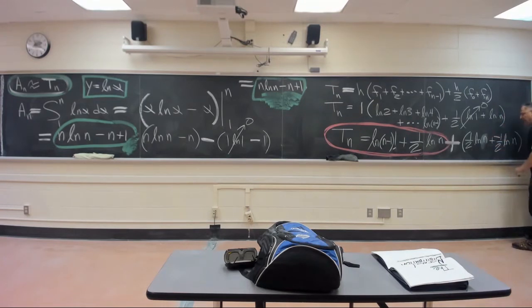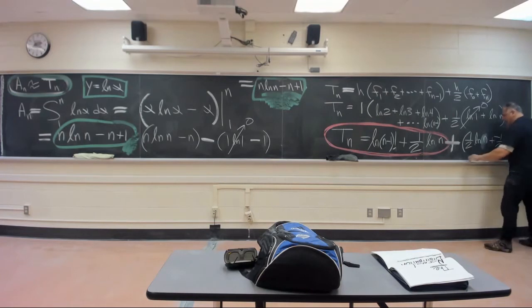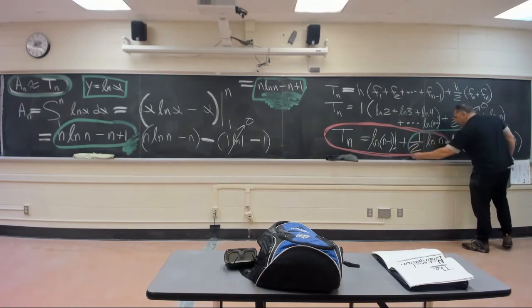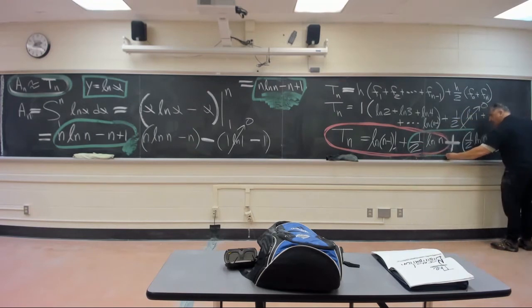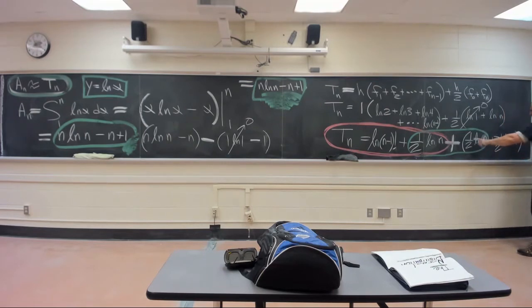Okay, I haven't changed what it is. Yeah, I have not. You're right. Now I'm going to take this 1/2 ln n, this 1/2 ln n, and this other 1/2 ln n, and I'm going to add them together. I'm going to leave that over here. Now I'm going to leave this guy looking like this.